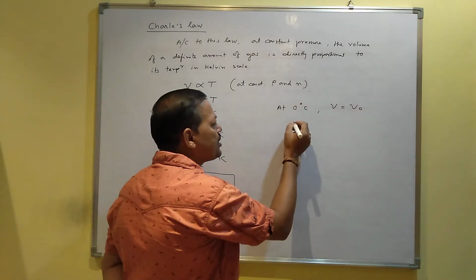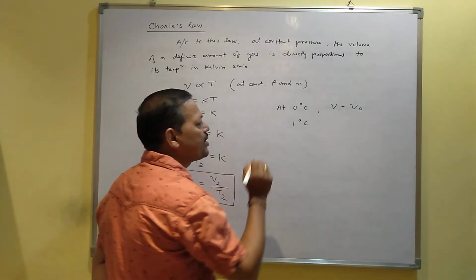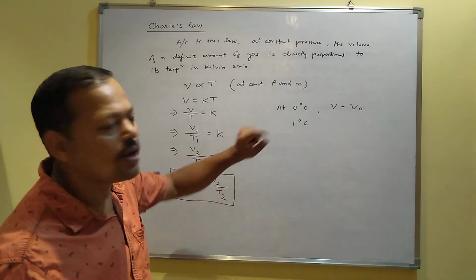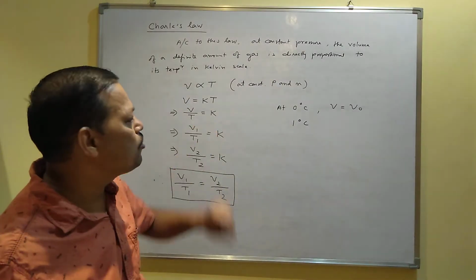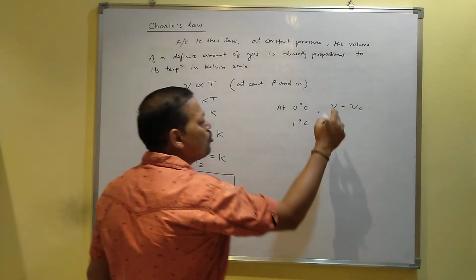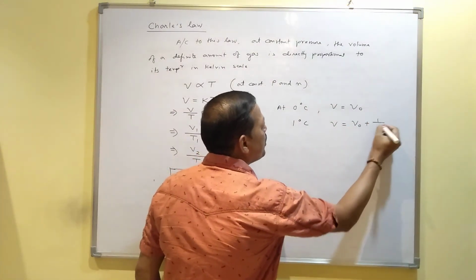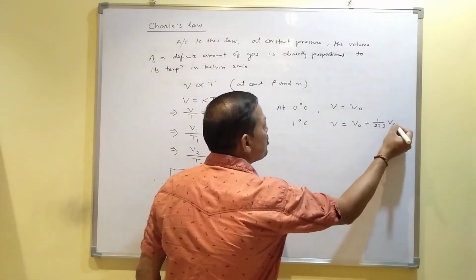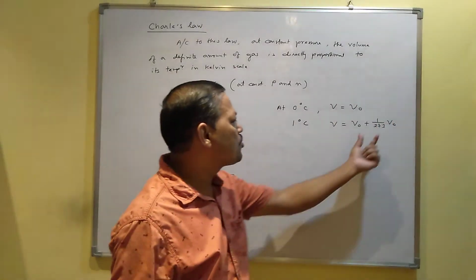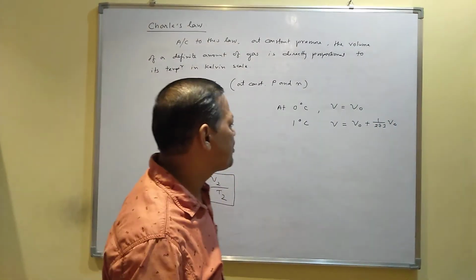If the temperature is increased by 1 degree Celsius, suppose from 0 degree you make it 1 degree, then the volume also increases. How much does it increase? It increases by 1 by 273 part of its original volume.